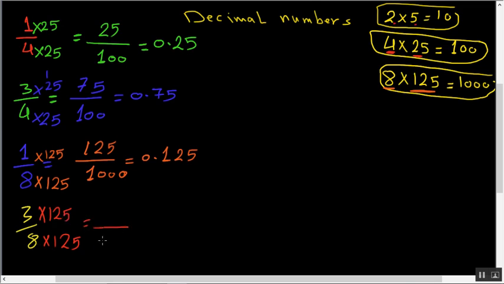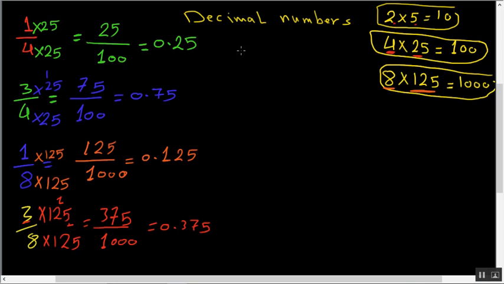Down, 8 times 125 equals 1000, and here 3 times 125. 3 times 5 equals 15, we write 5 and carry 1. 3 times 2 equals 6, 6 plus 1 equals 7, and here 3 times 1 equals 3. So 3 over 8 equals 0.375.